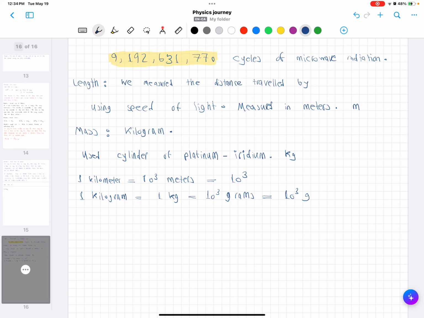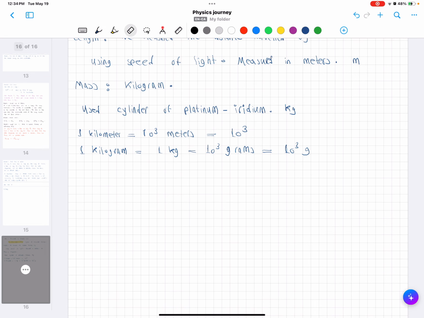The observable universe is about 10 to the power of 26 meters.